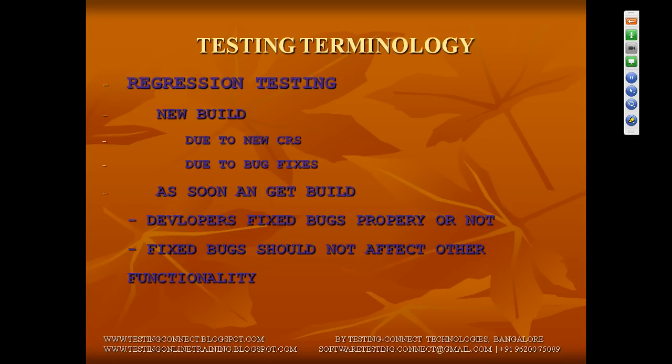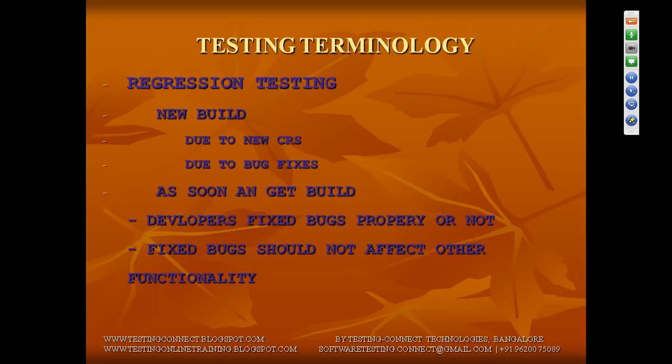During changing the code, the bug is fixed properly, but the changed code may impact other functionality which was working fine earlier. But it should not happen. That also you have to make sure. The changed code should not affect other functionality which was working fine earlier.